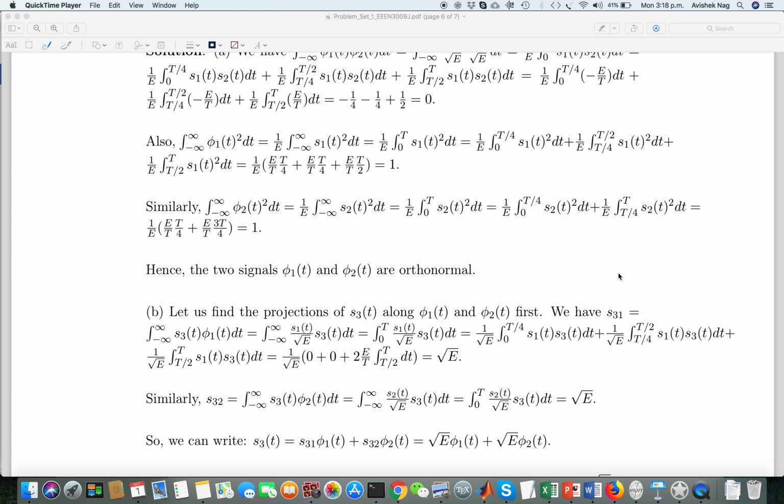So first you calculate S31, and that comes as square root of E, because you have to calculate this integral of S3(t) times phi 1(t).